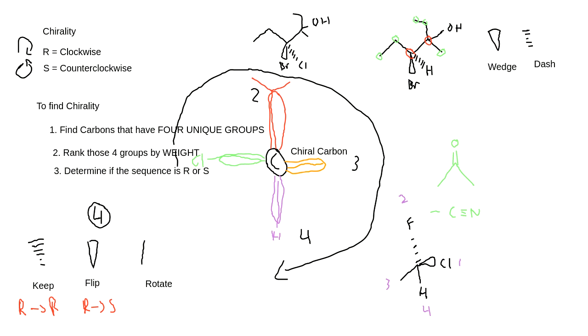We rotate by redrawing everything. You want to redraw all of your stereochemistry exactly the same, but all we're going to do is rotate the other atoms, the groups. My goal is to have my hydrogen either on a wedge or a dash.